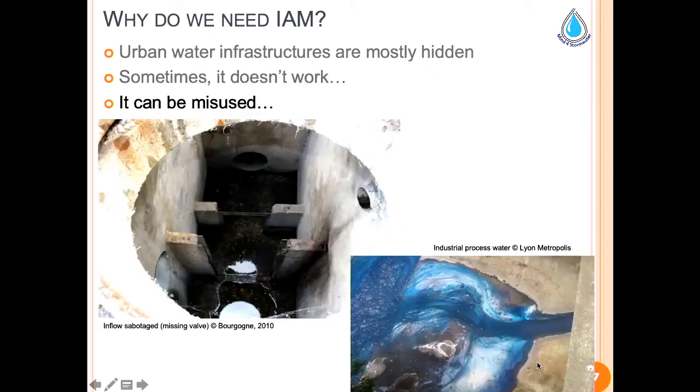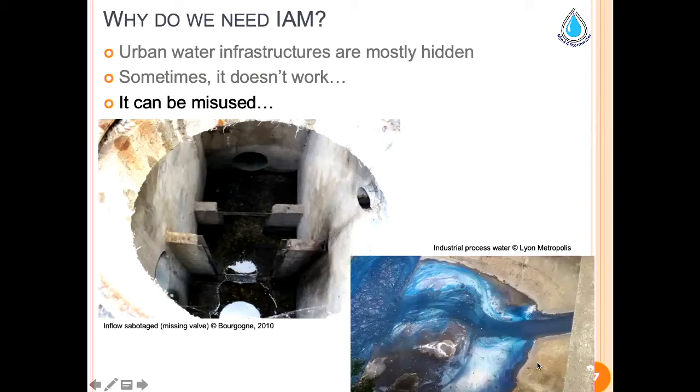The third point is that sometimes you will design a very good system which is expected to work very well, but it will be misused. On the bottom right, you have a picture of a flow arriving in a detention basin. As you can see, the water is blue, but it's not a natural blue.